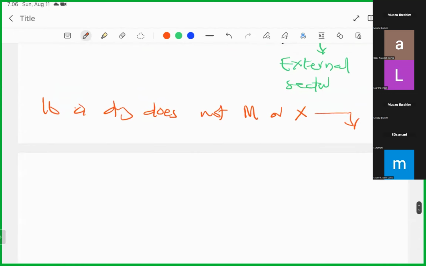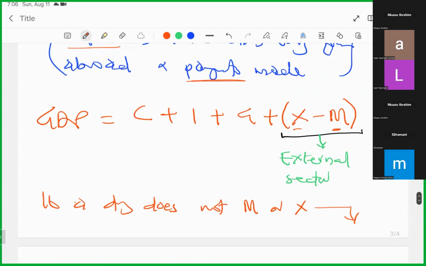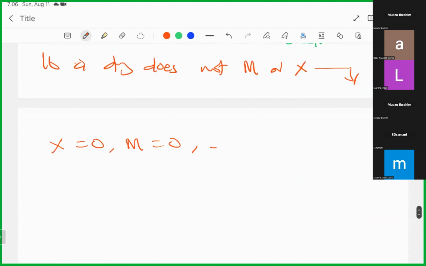It means that the country's export will be zero and import would also be zero, which means that the overall GDP would be consumption. In this case, our overall GDP would be consumption plus investment plus government expenditure.